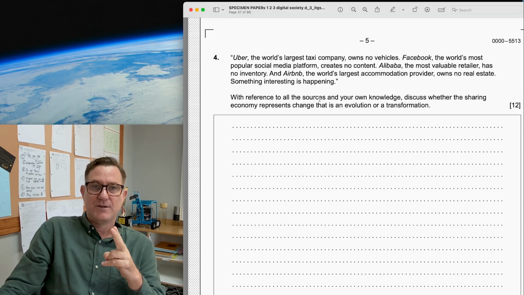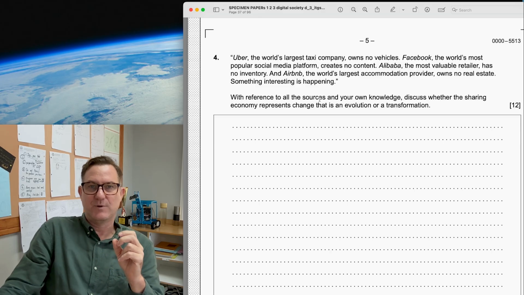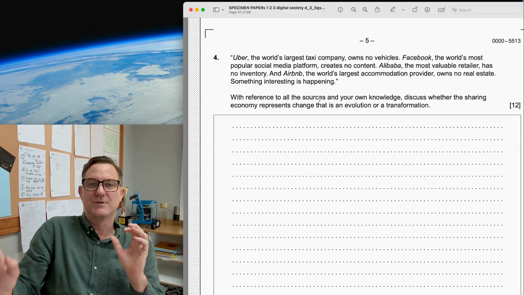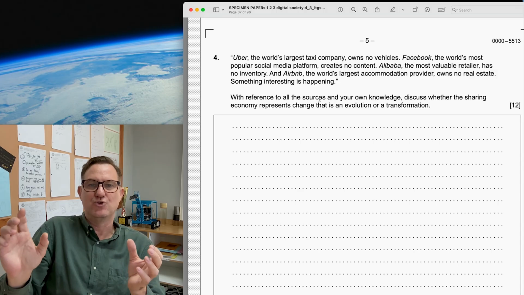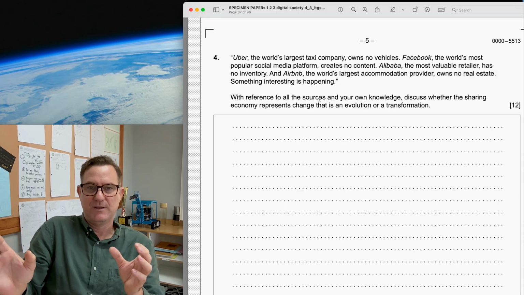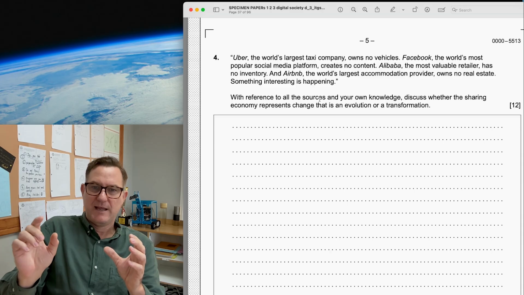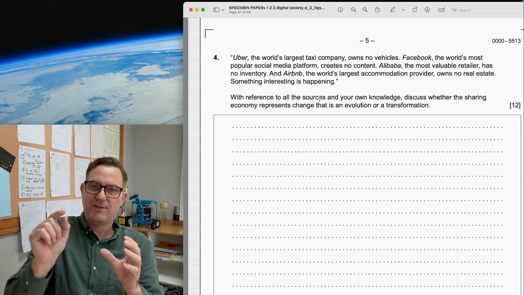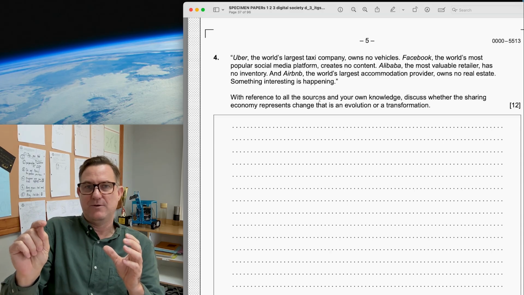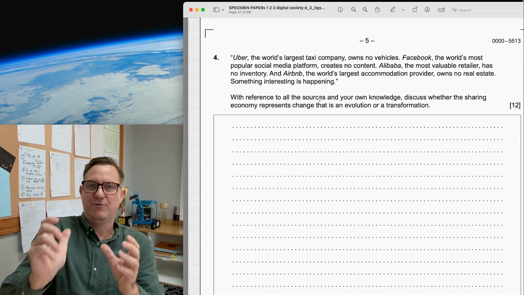The examiners here want to know that you have studied change, because that's one of the main themes, and that you understand the difference between an evolution and a transformation. So it's super important to read the question, underline the key words, and think, what is the examiner wanting to look at here? I'm writing for that examiner.